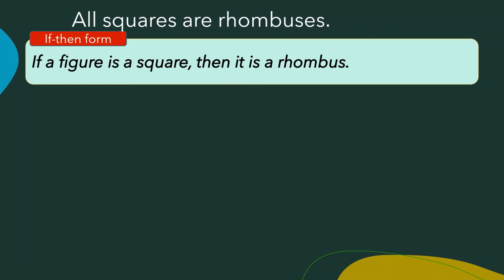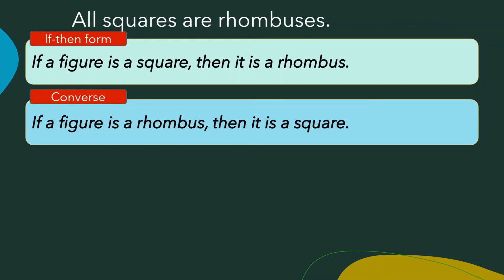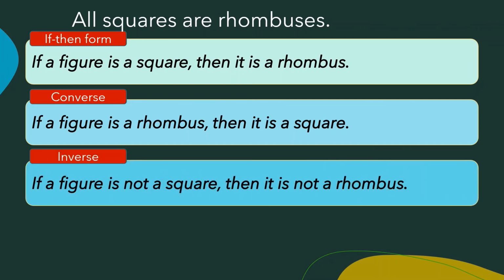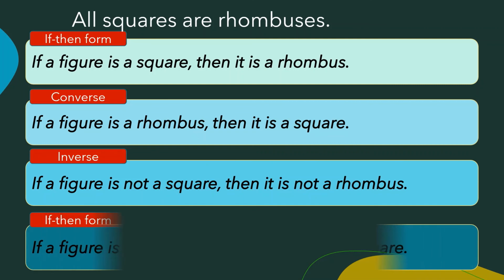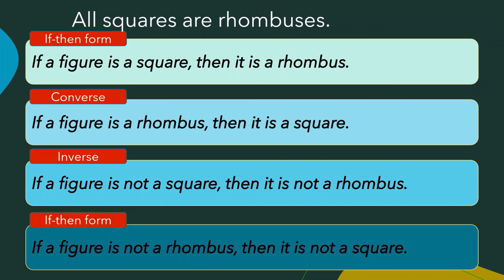The converse is, if a figure is a rhombus, then it is a square. And for its inverse, we have, if a figure is not a square, then it is not a rhombus. And finally, for the contrapositive, the answer is, if a figure is not a rhombus, then it is not a square.